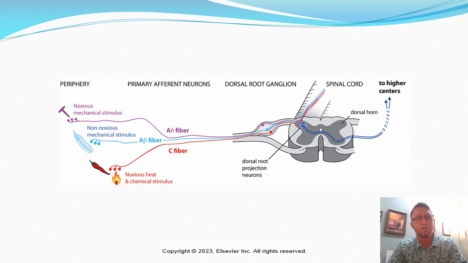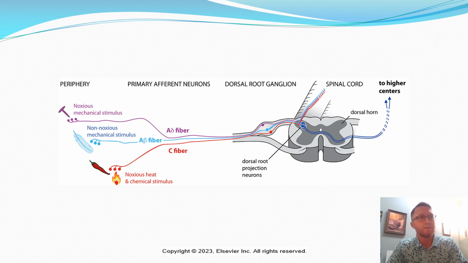We have a noxious heat or a chemical stimulus. So you see the little fire symbol there, and also a chili. The chili is really what we're thinking of whenever we apply a topical cream with capsaicin in it. Icy Hot, Tiger Balm, those kinds of things have a lot of what we call capsaicin. That gives us that burning stimulus.